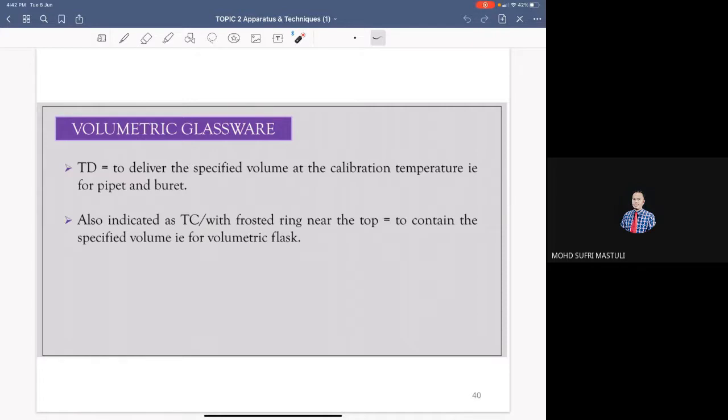TD means to deliver the specified volume at the calibration temperature, as I mentioned, pipette and burette. It can also be TC, with a frosted ring near the top, to contain the specified volume. For example, we have the volumetric flask as well as the graduated cylinder.